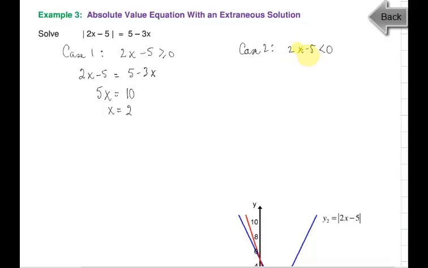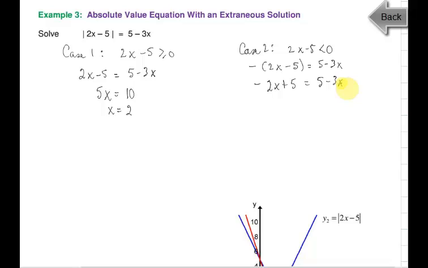Okay, case 2 means we want to take our argument and make it negative. This time I'm not going to divide both sides by negative 1 because it doesn't simplify matters. So I'm just going to distribute my negative through 2x minus 5. That's going to give me negative 2x plus 5.